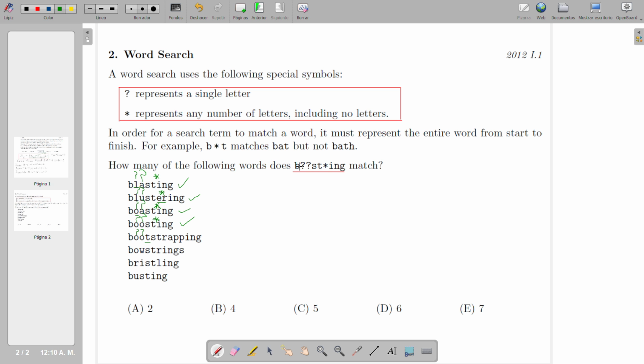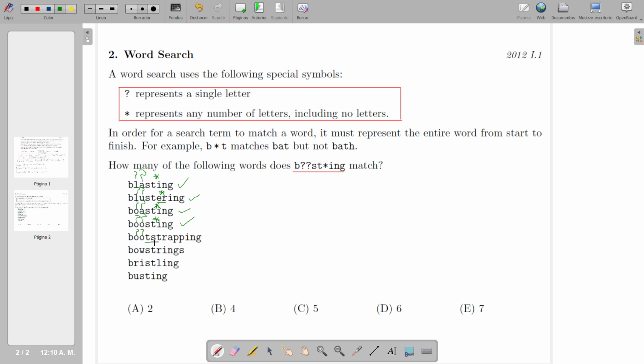So that means that between B and S, in order for the word to meet the criteria, should be only two letters. And here we have three letters between B and S. But let's keep reviewing this bootstrapping word.